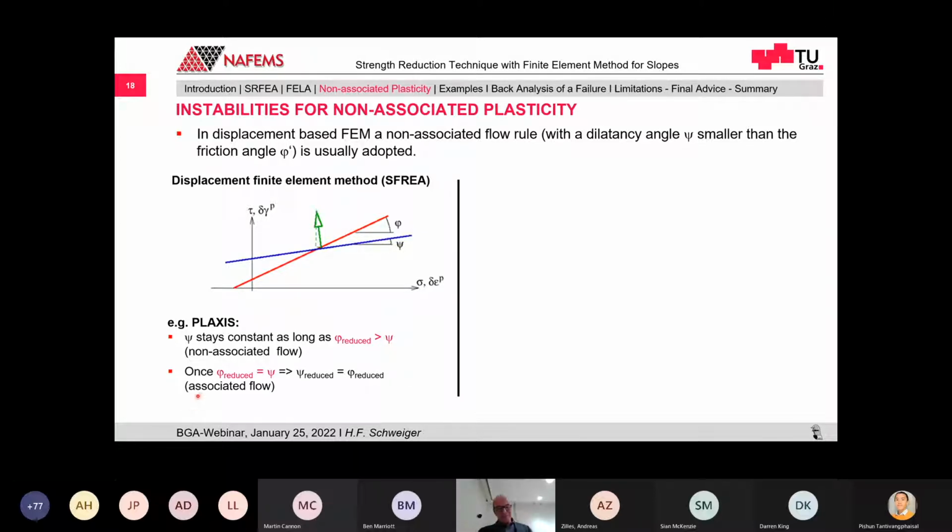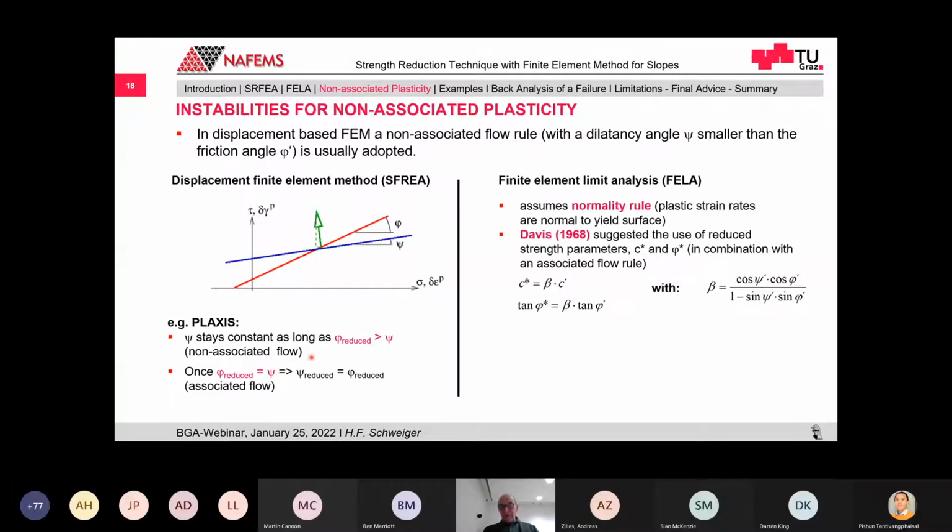Now that doesn't happen very often, because if you would have to reduce your friction angle that much, you have a factor of safety which would be very high, and you're probably not interested in stability. So that is how the code, how Plaxis does it, and I think most other codes will do it in the same way.